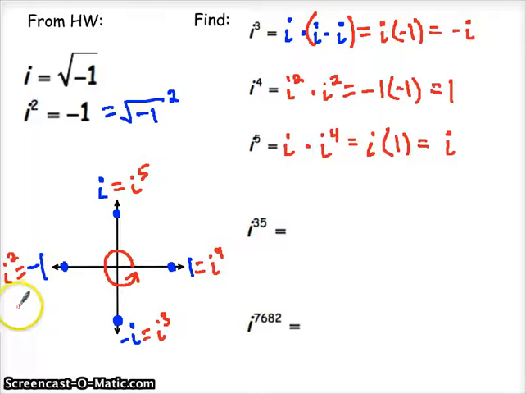So then you could keep going around, i to the sixth, i to the seventh, i to the eighth, and you get the idea. It just keeps repeating the pattern. Every fourth step brings you back to the beginning.